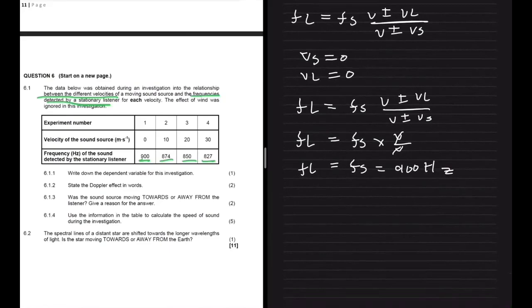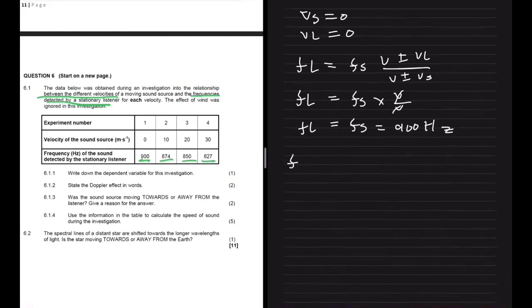To calculate the speed of sound during the investigation, we'll pick any of the other remaining experiments. Let's pick experiment 3 because it has 20 and 850. 850 is better to work with compared to 874. So Fs, we deduced, is 900 hertz. FL for the third experiment is 850 hertz.